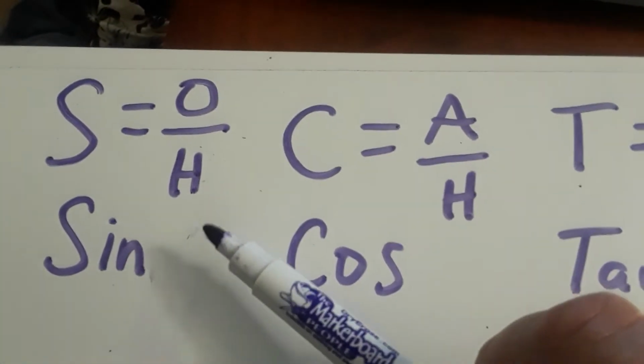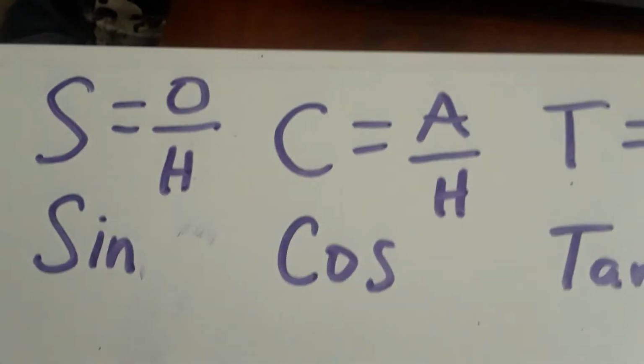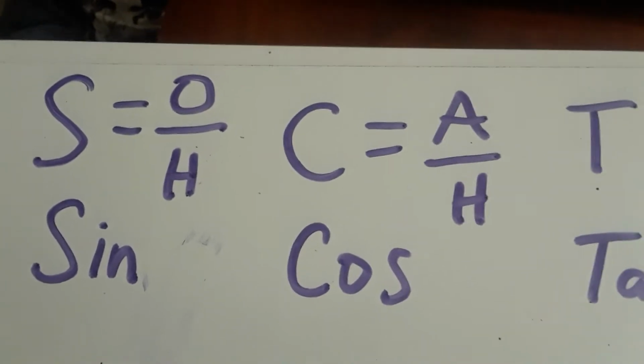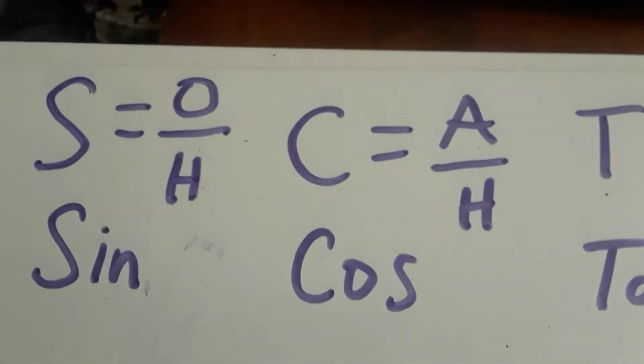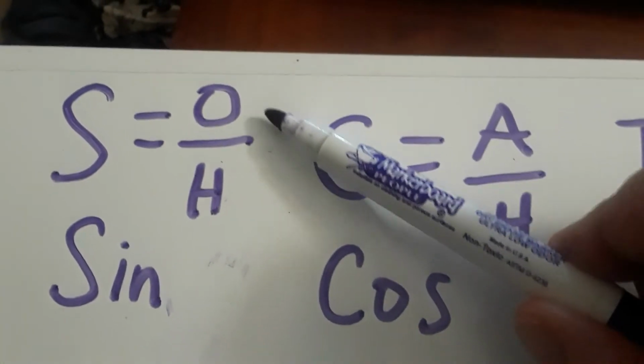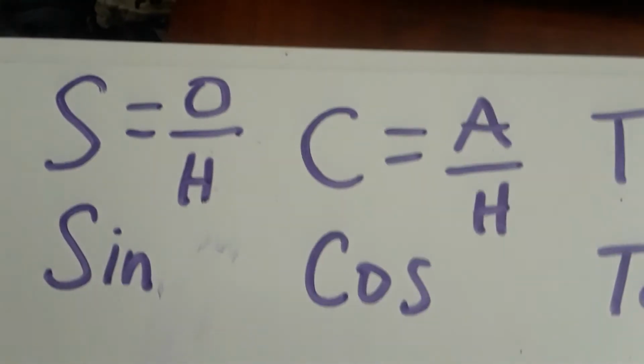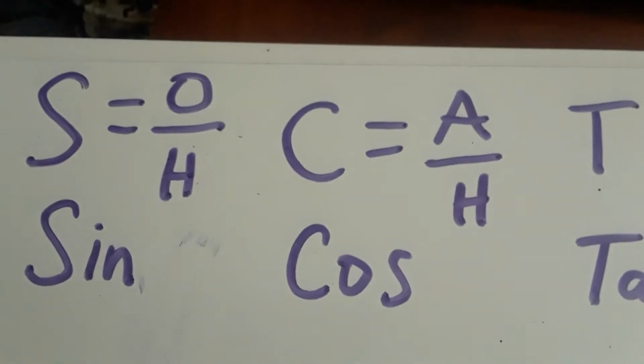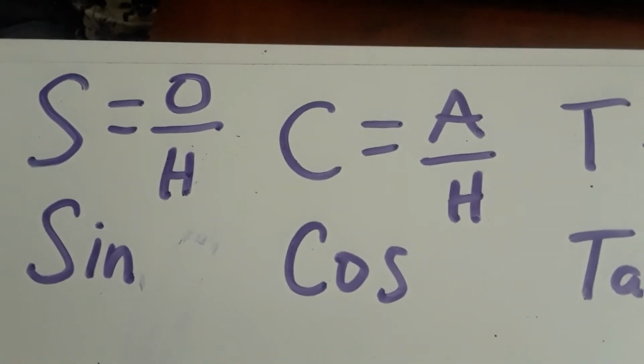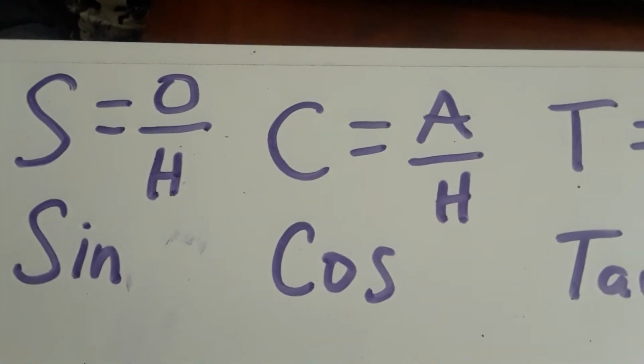This one's pronounced the sine ratio, even though it's shortened to sin. And in a right triangle, if you take the length of the opposite side and you divide it by the length of the hypotenuse, that is known as the sine ratio. And so we have this little chant to help us remember this.